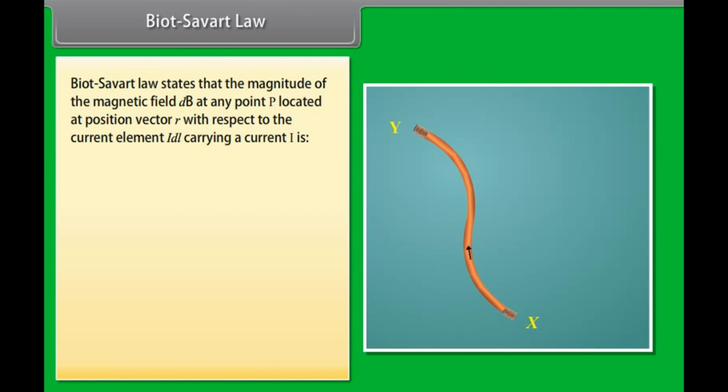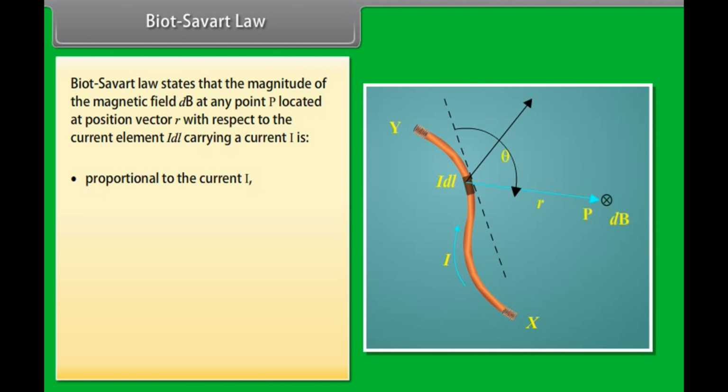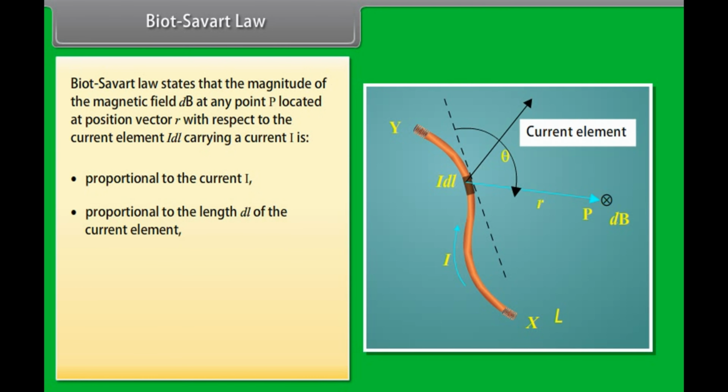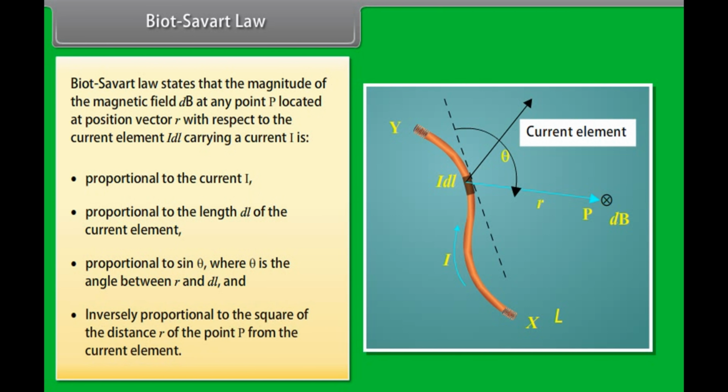Biot-Savart law states that the magnitude of the magnetic field dB at any point P, located at position vector r, with respect to the current element IdL, carrying a current I, is proportional to the current I, proportional to the length dl of the current element, proportional to sine theta, where theta is the angle between r and dl, and inversely proportional to the square of the distance r of the point P from the current element. Mathematical form of Biot-Savart law.